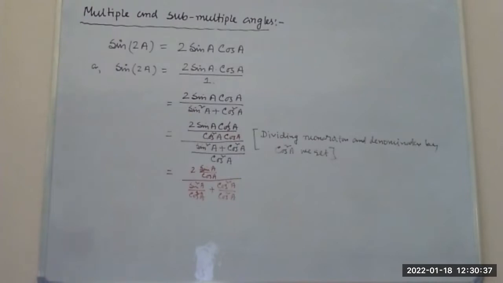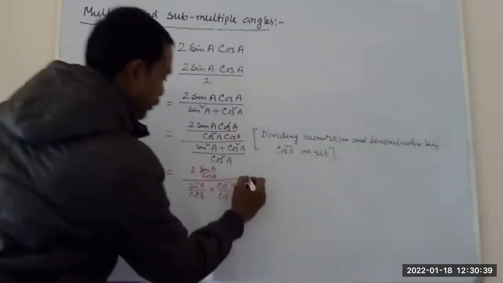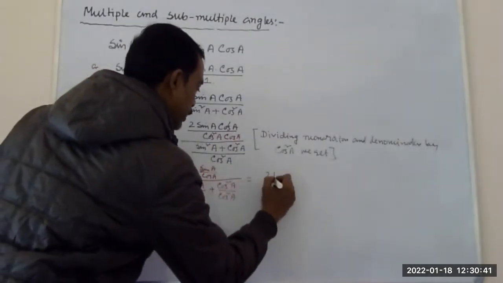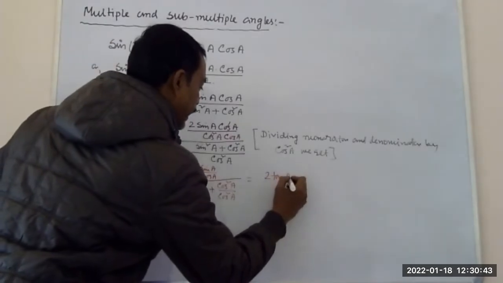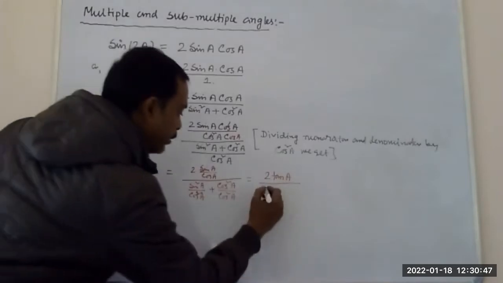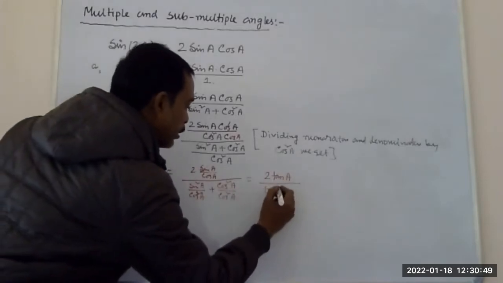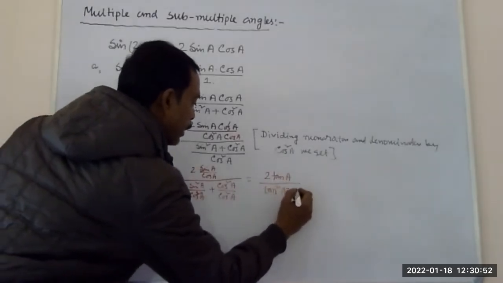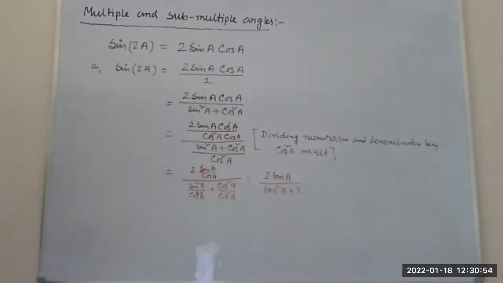Yes, sir. Now sin A by cos A means tan A. So numerator is 2 tan A, and here we can write tan square A plus 1.